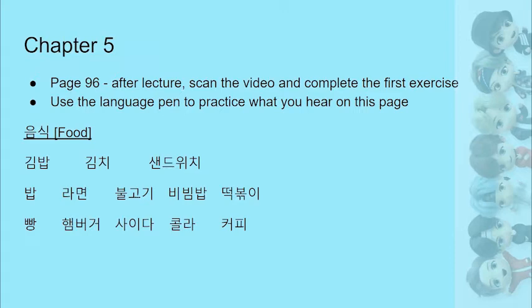And 밥 can also mean just food in general. So if someone asks you, 밥을 먹어요, like have you eaten? That doesn't mean have you eaten rice or cooked grains. It just means have you eaten food in general. So 밥 means rice, but it can be used just in general for food. Keep that in mind because I do think that comes up later in this chapter.